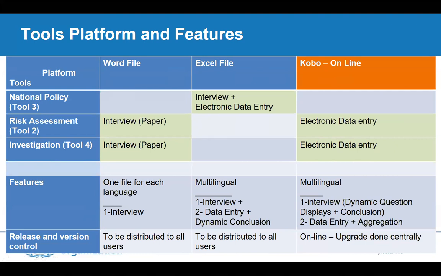So we need to go through the distribution hierarchy to make sure that everyone has the latest version. But in the COBO, should there be any need to change, we just change it at central level online, and it can be applied when people connect to the COBO. Then they will automatically have the latest version.